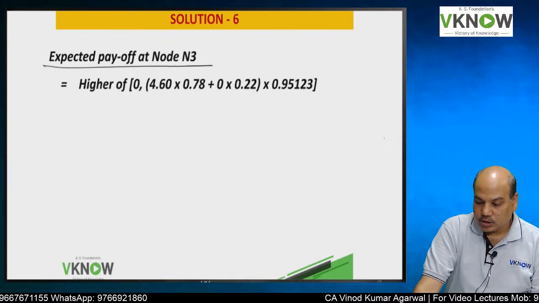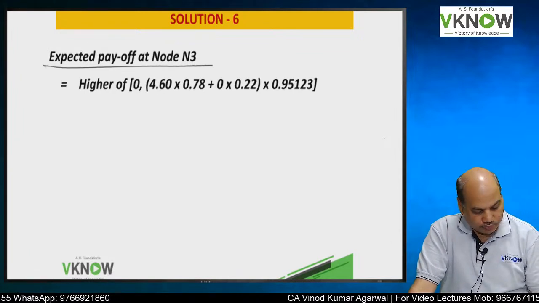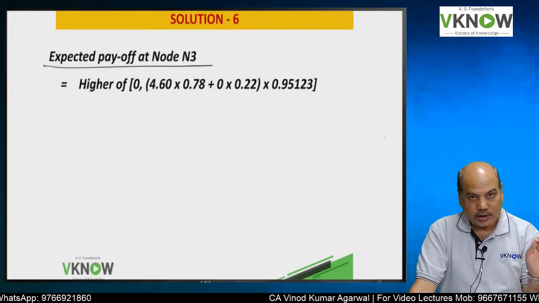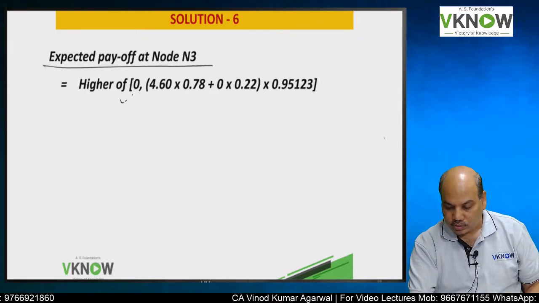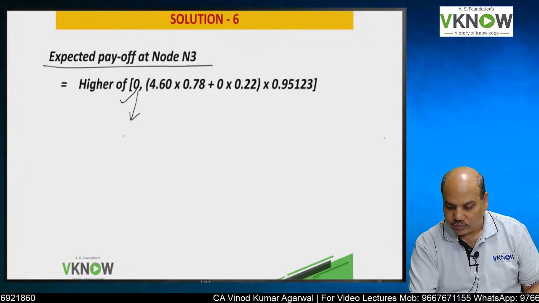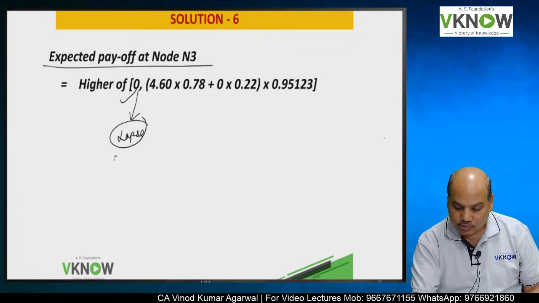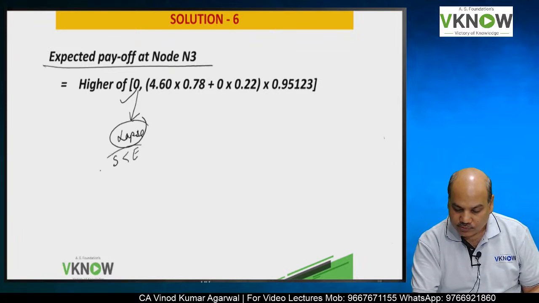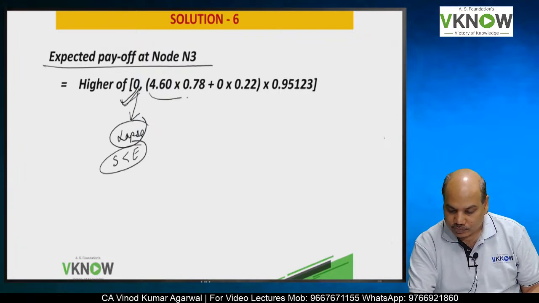So what is the price at N3 in the diagram? The price at N3 is 95. Exercise price is 98. So immediate exercise means the option is not worth exercising. The share price is below exercise price, so value is 0 for immediate exercise.